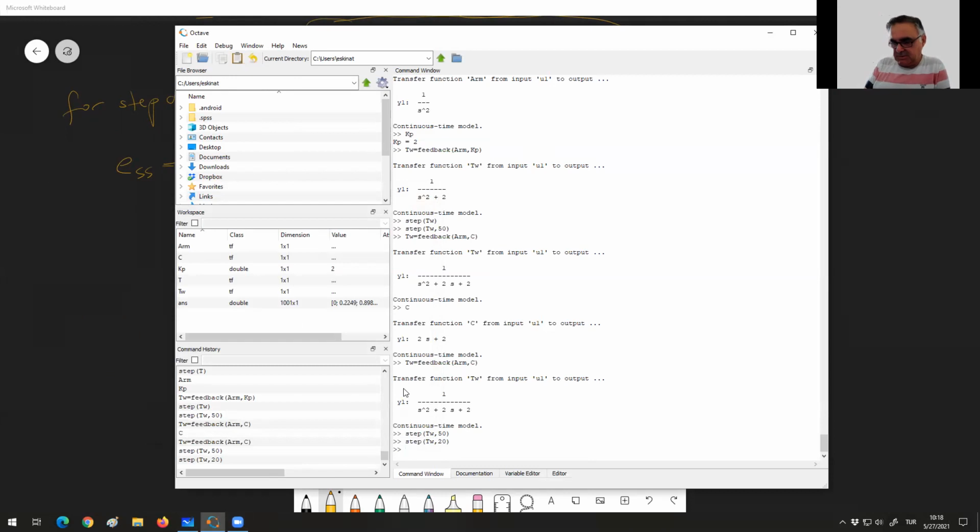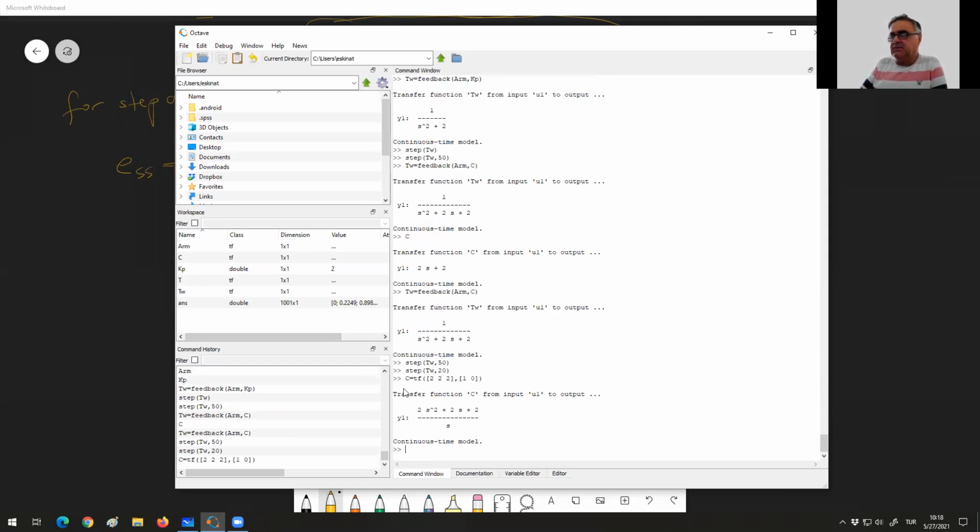So let's modify our controller. C of S, C is equal to transfer function of 2, 2, 2, let's say 1, 0. This is the PID controller transfer function. 2 are the coefficients.